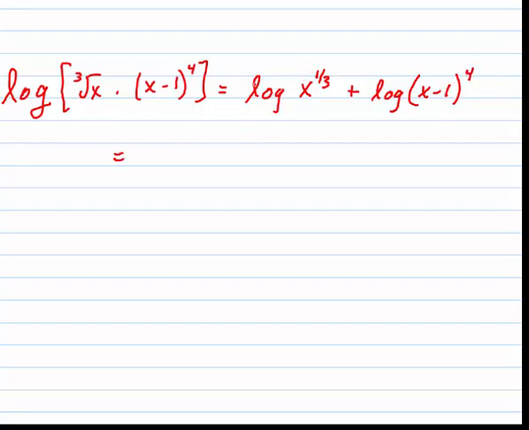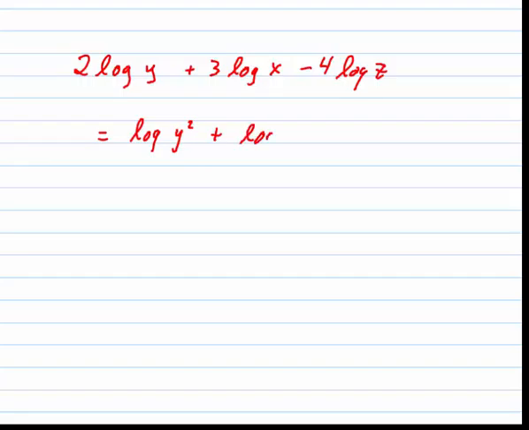And then we can drop those exponents down in front. 1/3 log of x plus, we can bring the 4 in front, 4 log of x minus 1. Okay, so that's expanding.